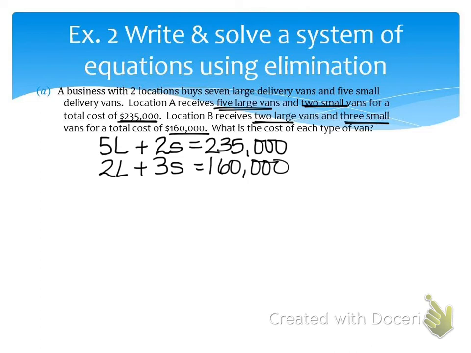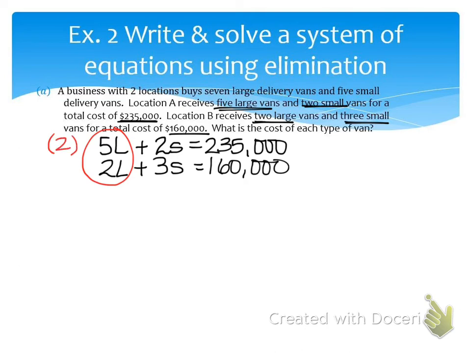All right, Carson, would you like to eliminate the L or the S? All right, if she's going to eliminate the L, what is a common multiple of 5 and 2? I'm asking Carson. Carson, what's the common multiple of 5 and 2? 10. So the first equation has to be multiplied by what? 2. Good, because 5 times 2 is 10.